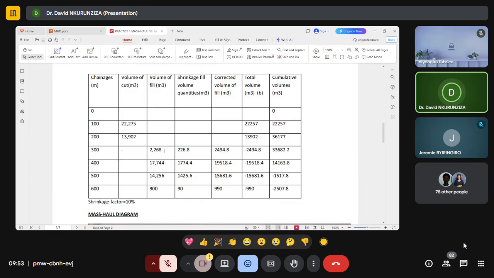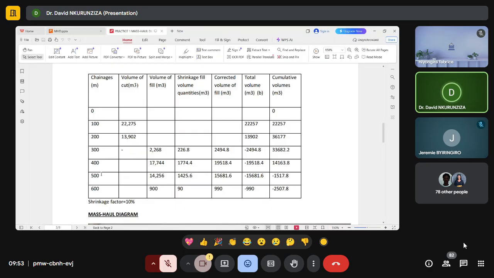So if you want to fill this much, you also have to add again 10% to take into account the shrinkage. That's why you have this plus this. Then you have 2,494. Then you can see this is from 300 to 400, then from 400 to 500, you have this.